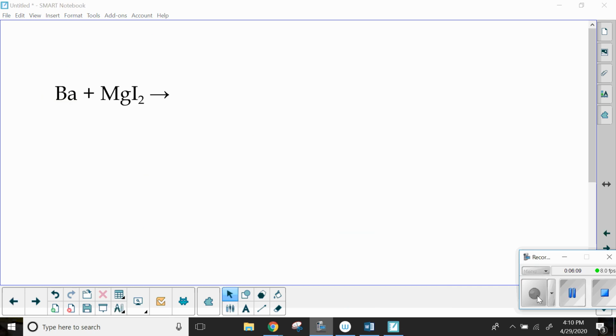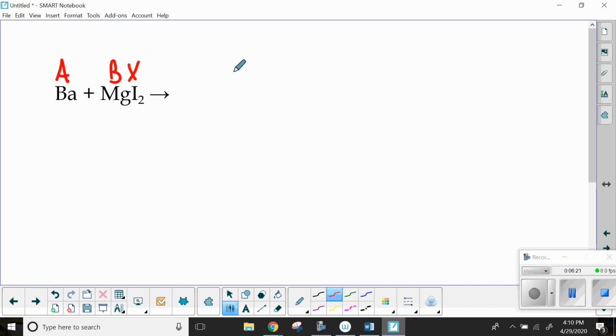Here's the last example I want to do for you. Single replacement. So I know it's single replacement because I got an element mixed with a compound. A plus BX will make a B plus an AX. So I'm going to end up having magnesium by itself plus a barium and an iodine.